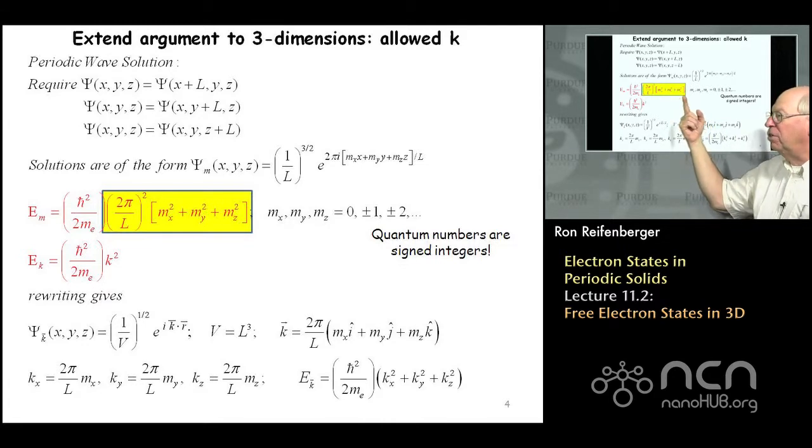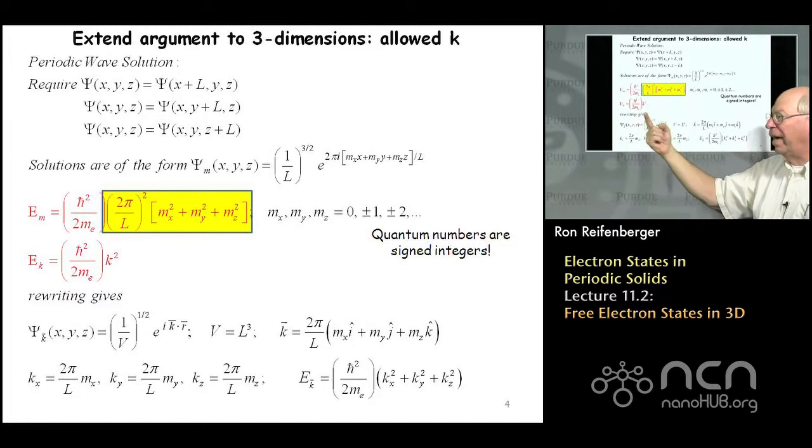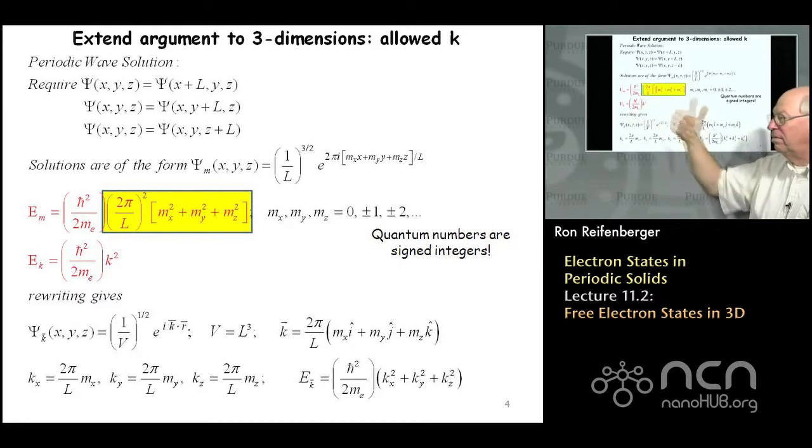And what we often do is write this fine-grained structure in the energy eigenvalues E sub m in terms of k squared multiplied by this familiar h bar squared over 2m e prefactor. And we start to label each energy E by its quantum number k. So this wave vector k takes into account the quantum numbers of each of these states in a symbolic way.